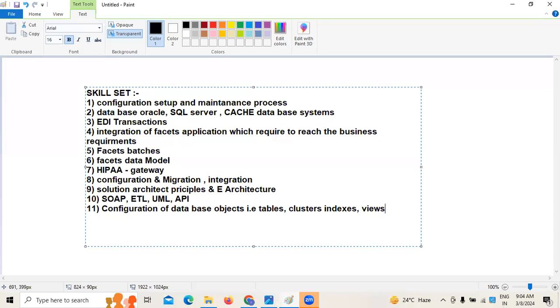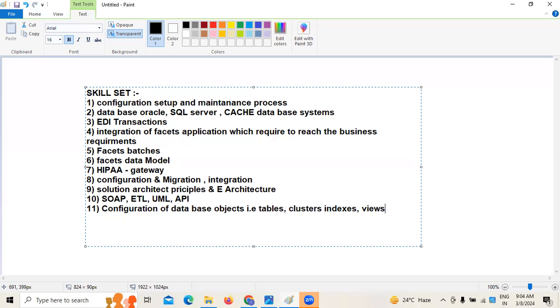For that, I take a case study, just as I do for the healthcare BA and Facets BA training. I take the same case study here, because I cannot give different examples for different applications. That would lack discipline and lead to confusion for people.